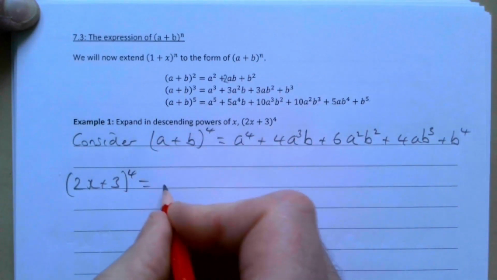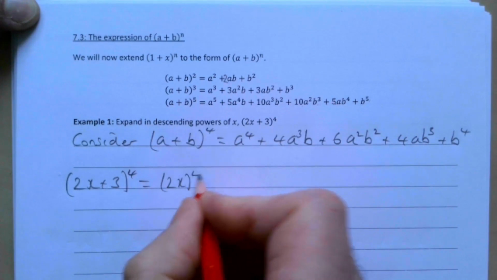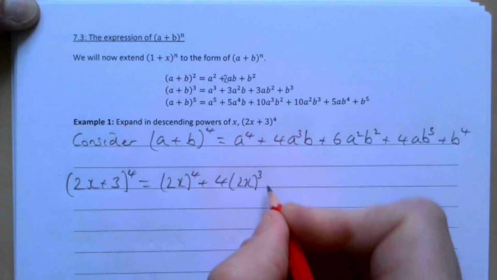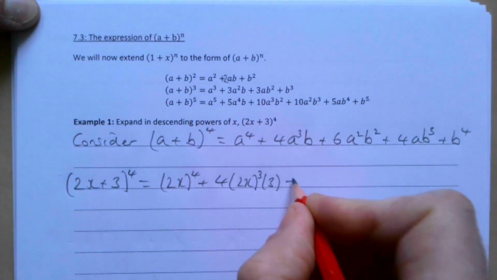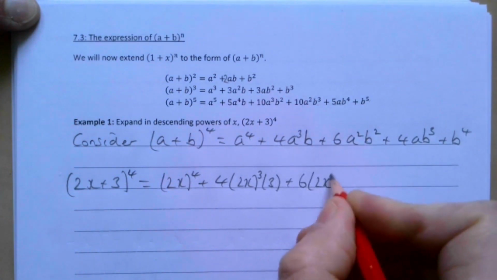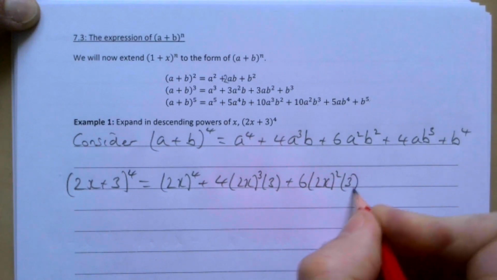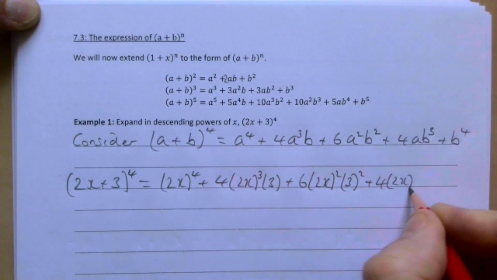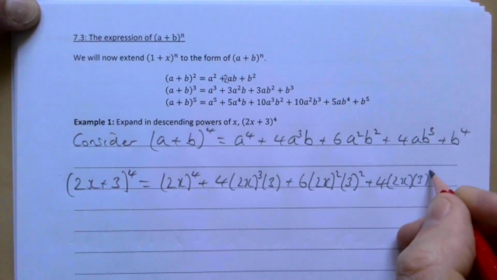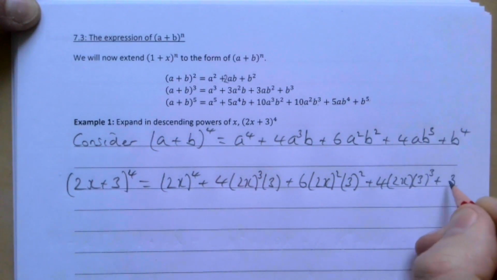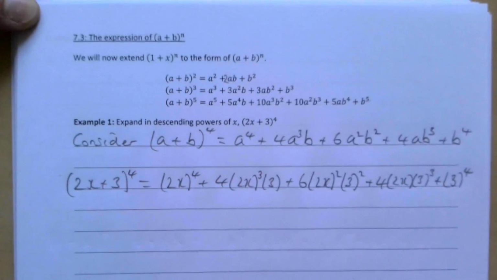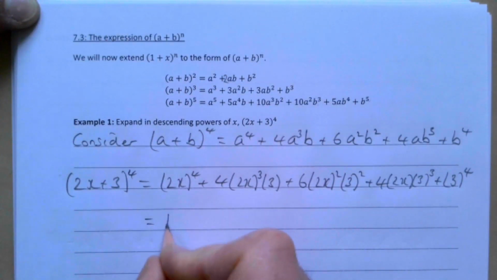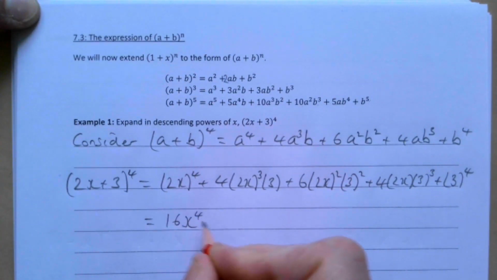So my a becomes 2x: (2x)^4 + 4(2x)^3(3) + 6(2x)^2(3)^2 + 4(2x)(3)^3 + 3^4. Tidying that up, I get 16x^4.